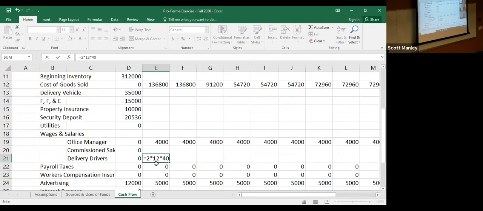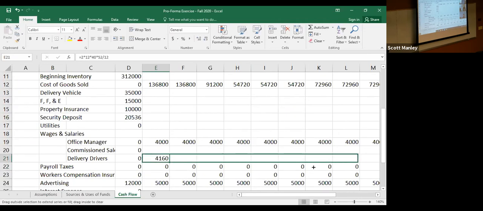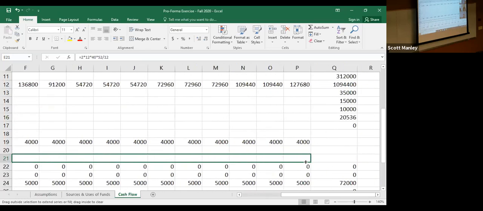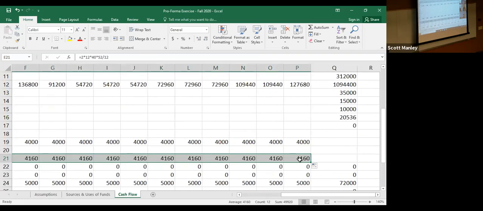How many weeks are in a year? 52 weeks per year. How many months are in a year? Divided by 12, right? That means my delivery drivers together are going to make $41.60 per month. And that's every month. Okay, so I copy that formula all the way over.